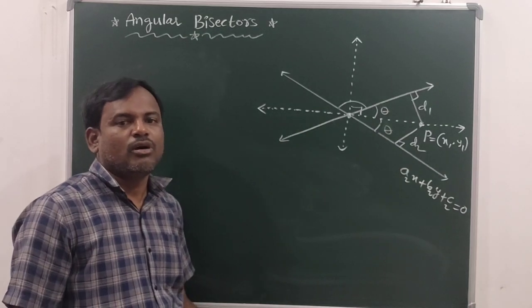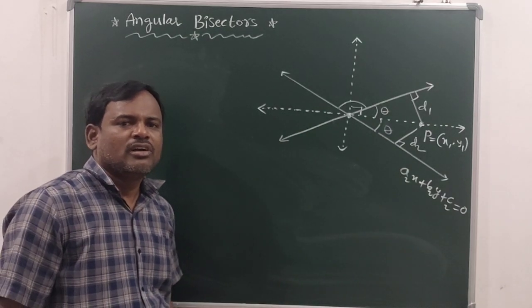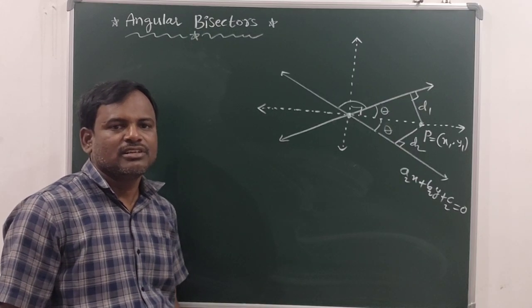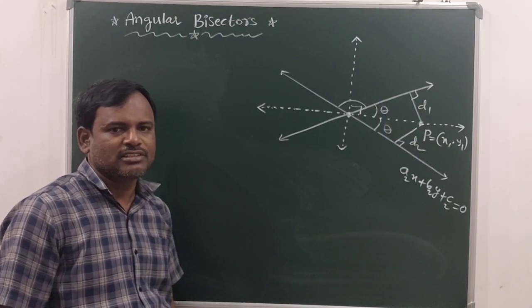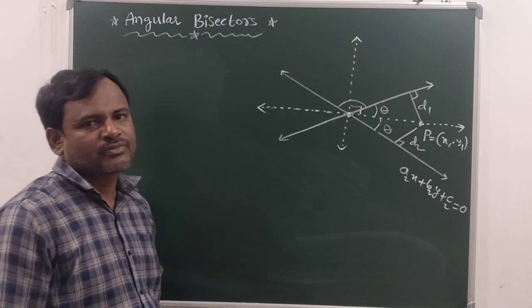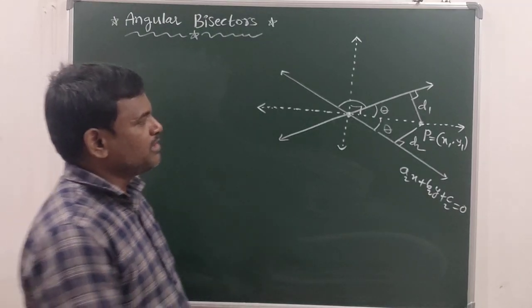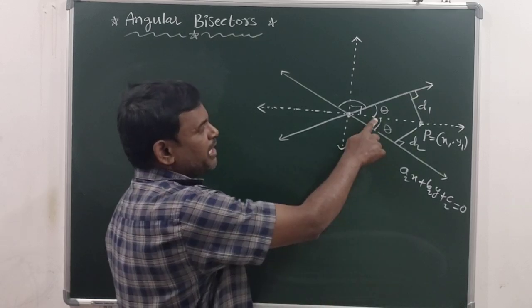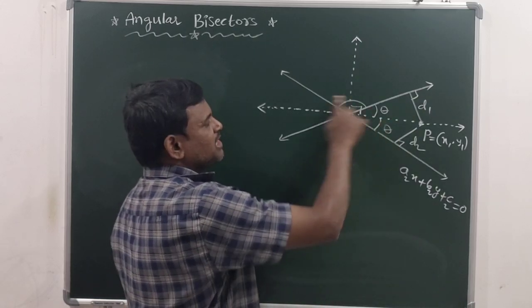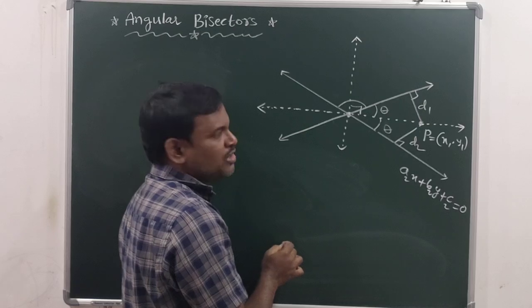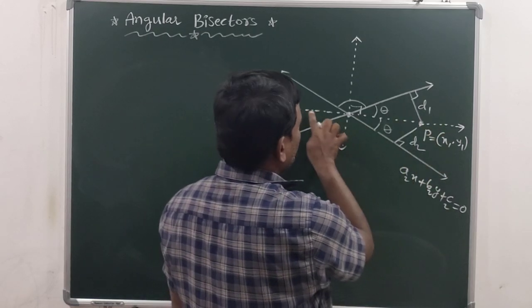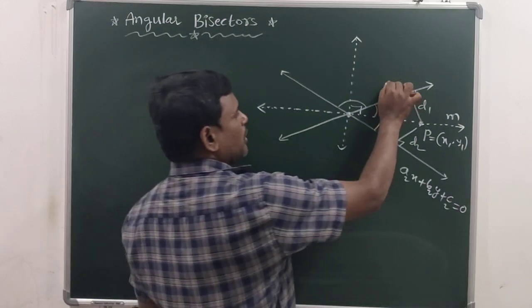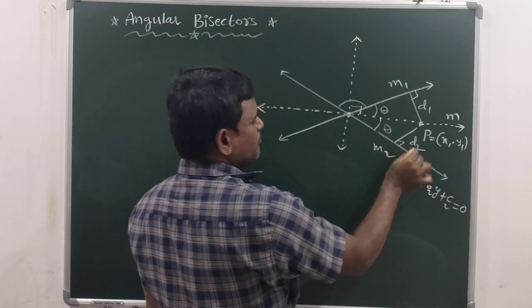But we require the exact solution. How to find? Find the acute angle bisector of two given line equations. This question will be given like this. How do we find? See students, suppose it is the acute angle bisector. So this is making equal angles with this line as well as this line, no? So let us consider the slope of this angular bisector is m, and the slopes of these two lines be m1, m2.